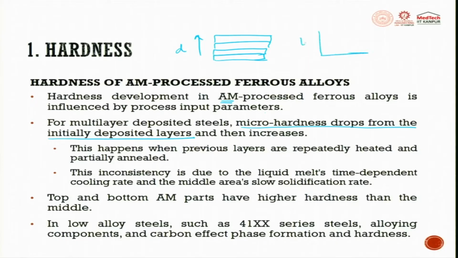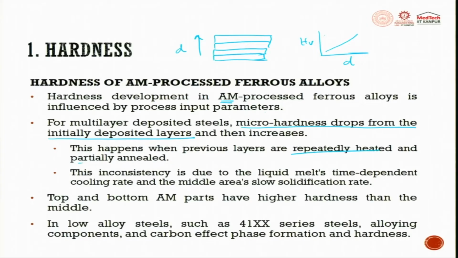If you talk about distance with respect to D, the micro hardness drops from the initial deposited layer, and then slowly increases. This happens when previous layers are repeatedly heated and partially annealed.